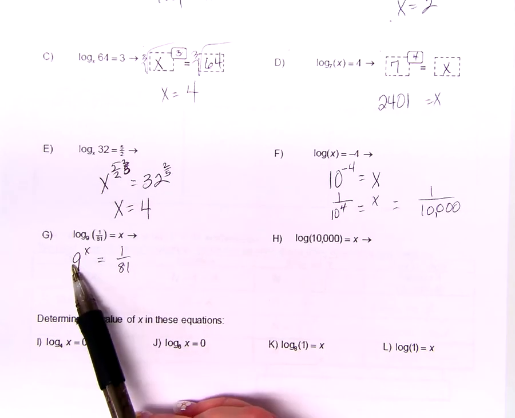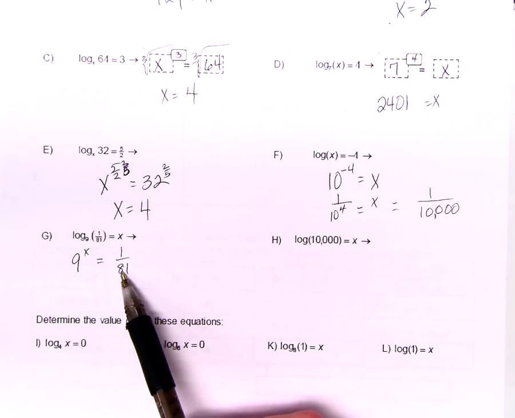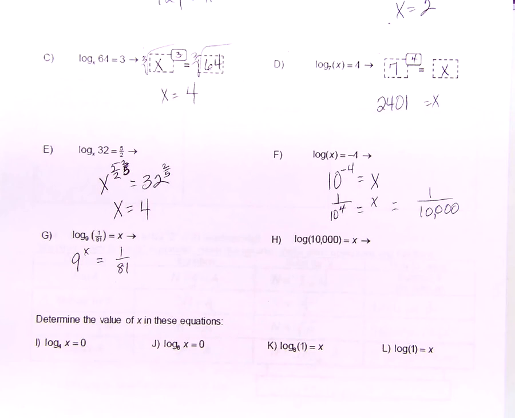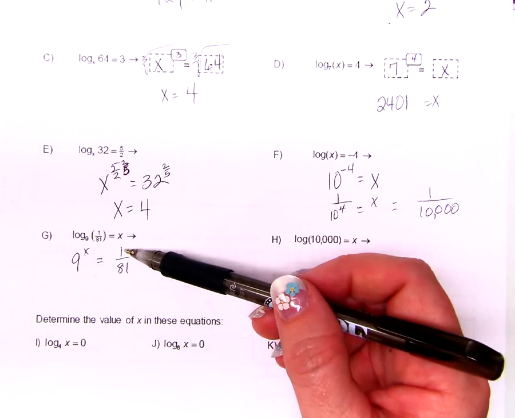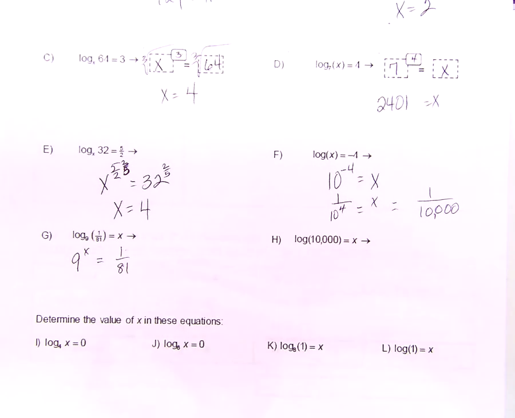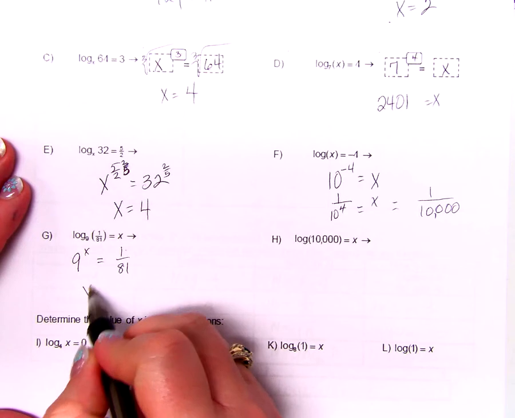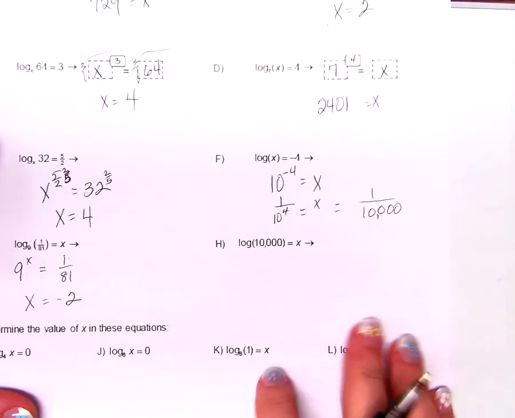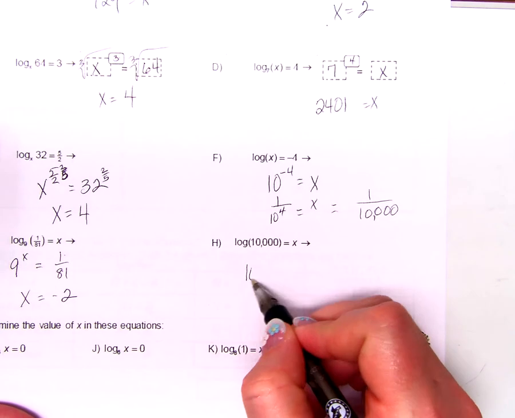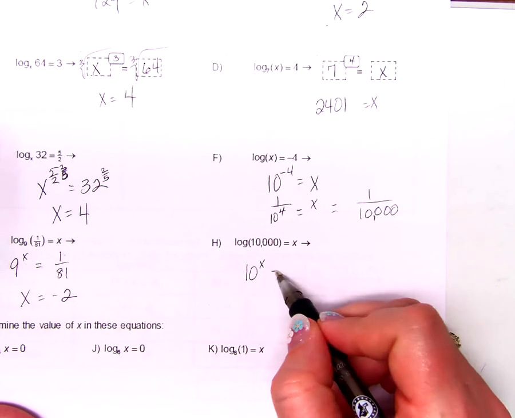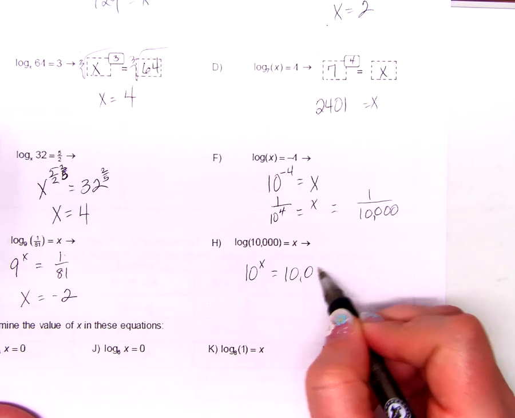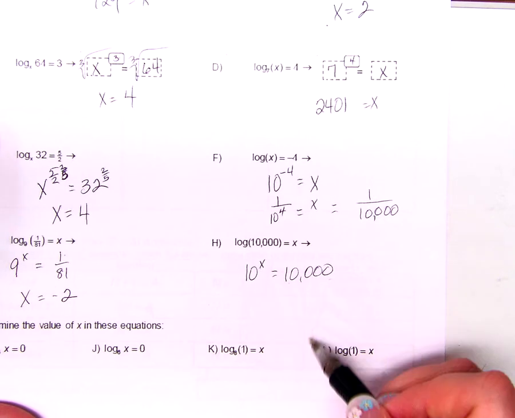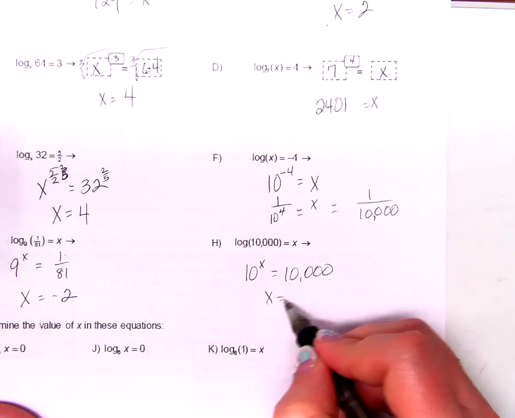Tell me this. 9 to what power would give you 81? 2. What would cause it to be 1 over 81? A negative exponent. Okay? X equals negative 2. Perfect. What about H? 10 to the x power equals 10,000. 10 to what power equals 10,000? X equals 4. Done.